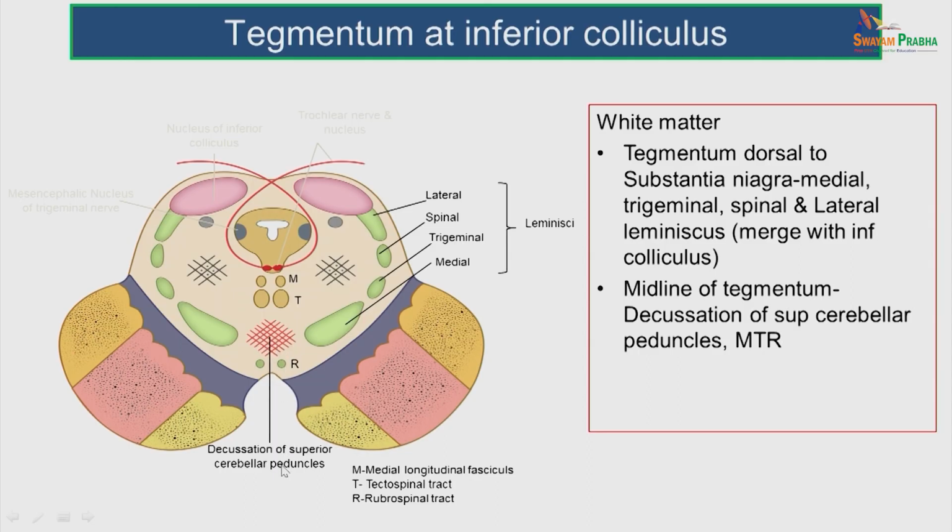The ascending fibers from here go to the thalamus and the descending fibers go to the reticular formation in the pons and the medulla. In the median region, just in front of the central grey matter, you can appreciate the medial longitudinal fasciculi. That carries the fibers from the vestibular nuclei, then the tectospinal fibers and rubrospinal tract. So, this is the median region.